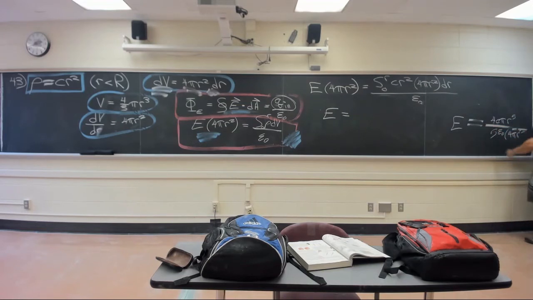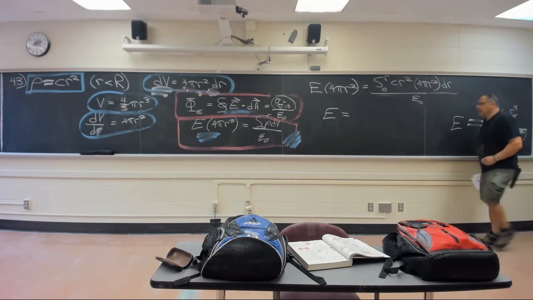There's the 4, there's the pi, this is r squared. R squared goes into here, r to the third times. So E equals c r to the third over 5 epsilon naught.